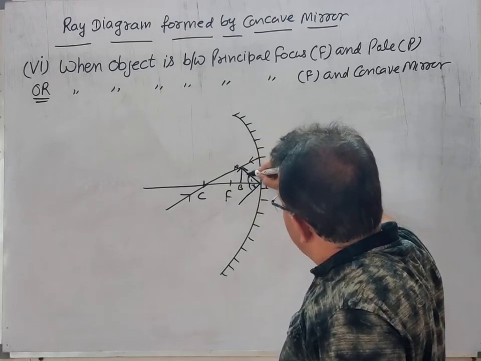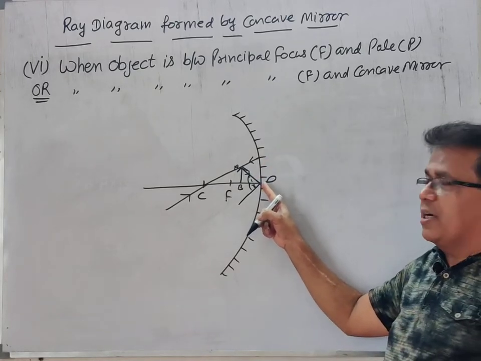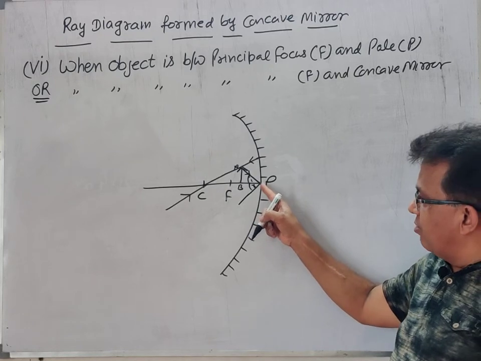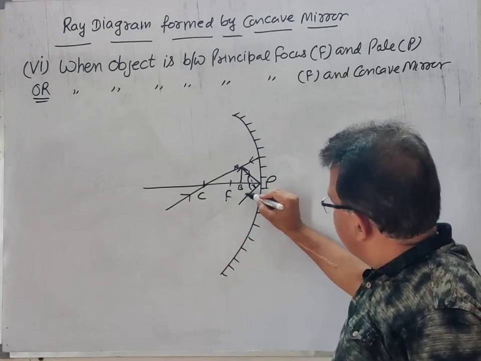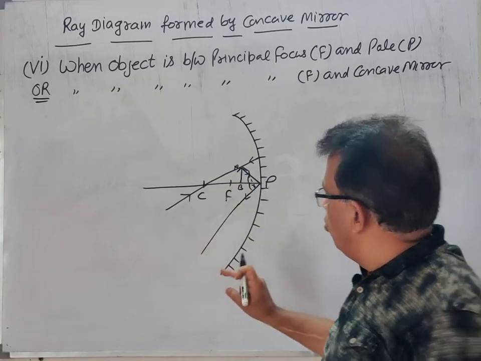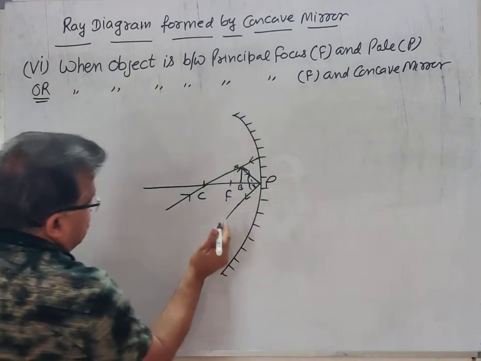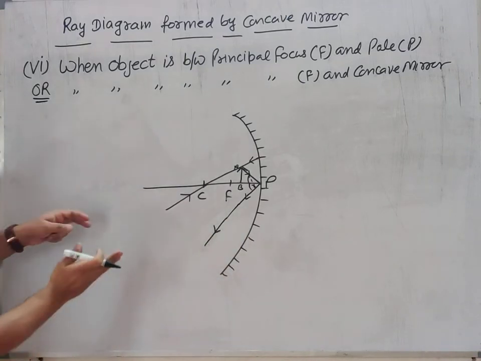We have told that an incident ray falling at the pole at some angle will be reflected making the same angle. So this is reflected. Now we are observing that these gaps go on increasing, so they will not meet anywhere.